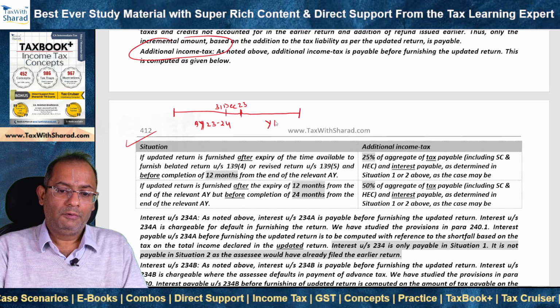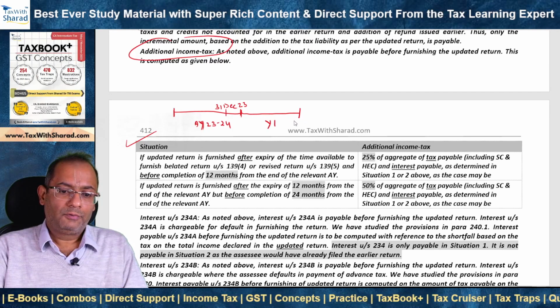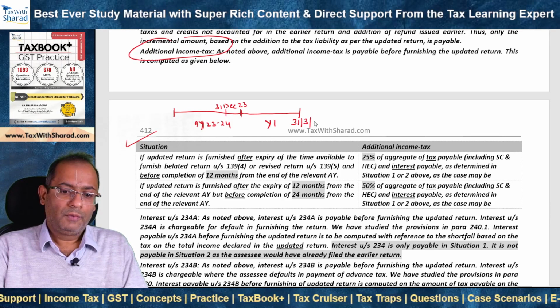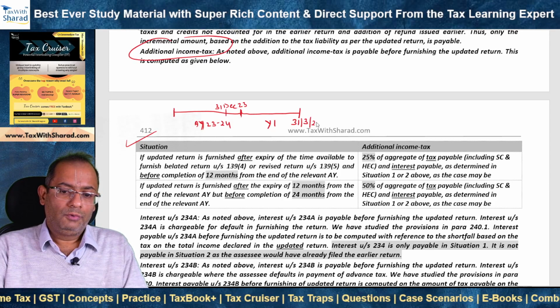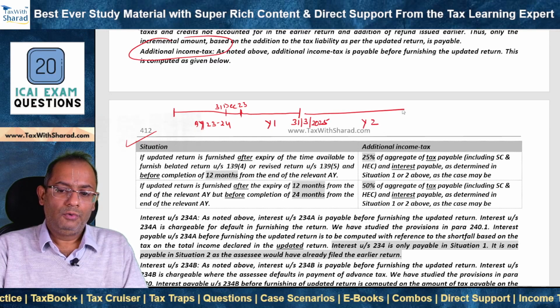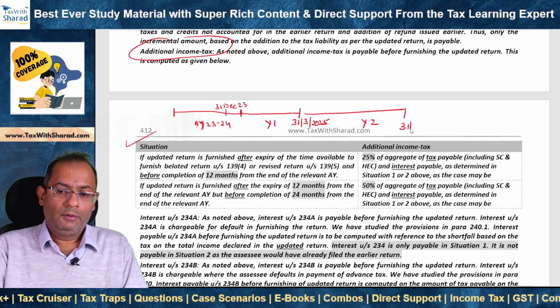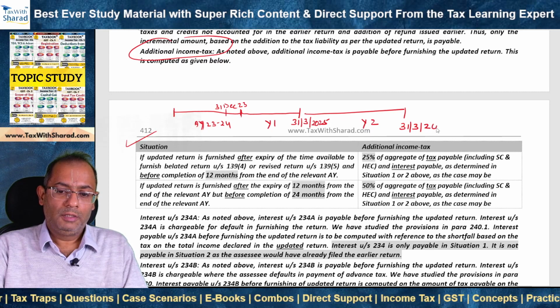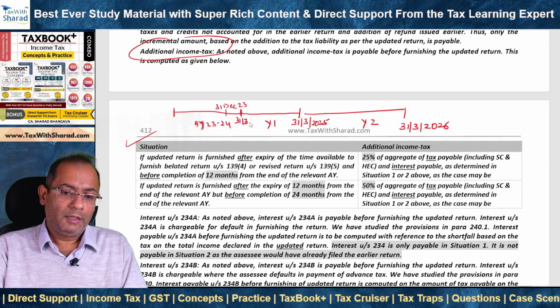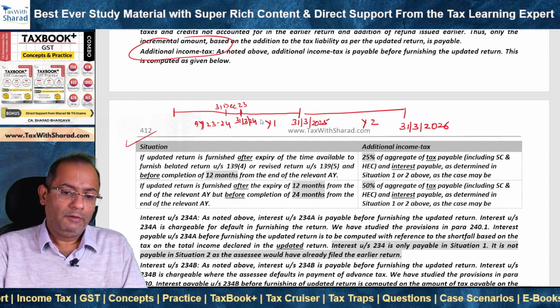So this is year 1, and this ends on 31st of March 2025, and this is year 2, which will end on 31st of March 2026, and this is 31st of March 2024.